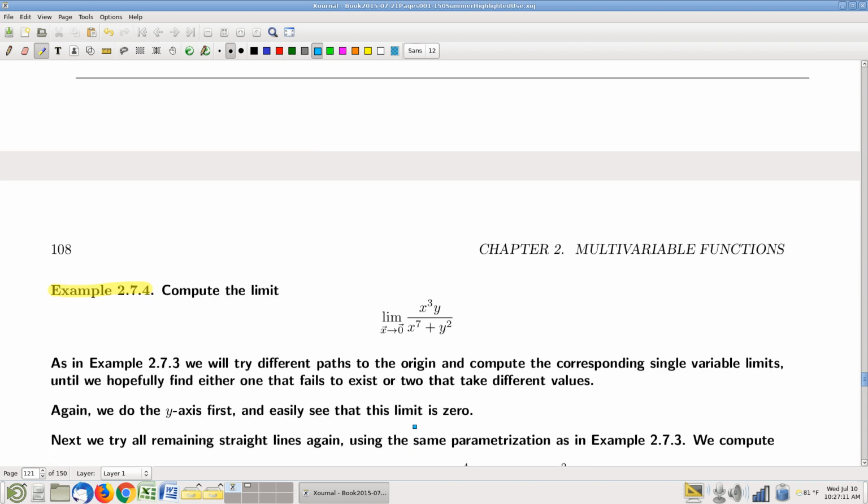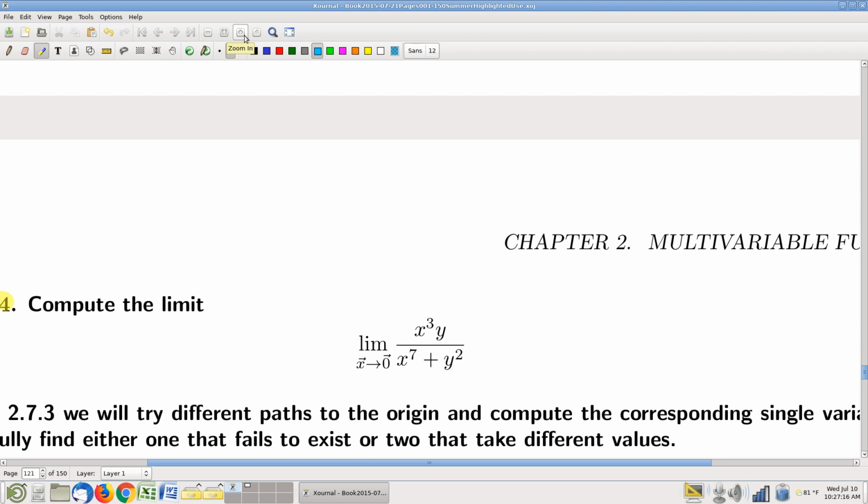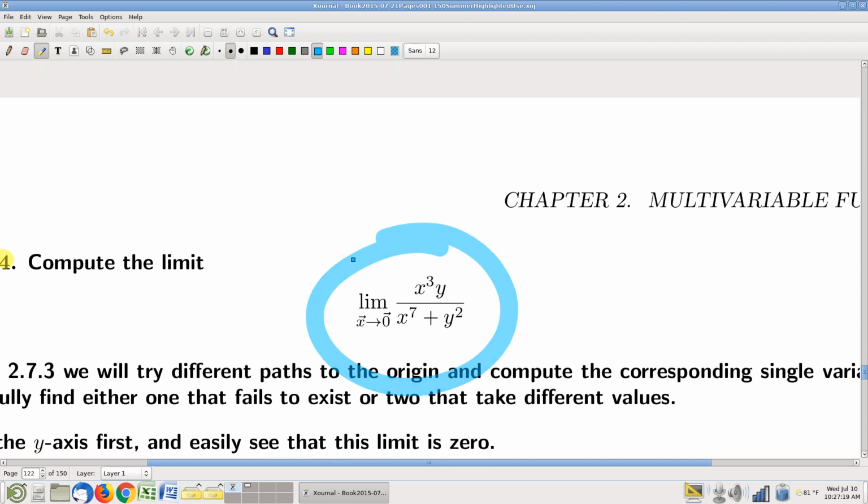So here's a different example. It's not a weirdo example like that one was, but let's look at this. Now there's a temptation to try polar coordinates. After all, you are approaching the origin. Polar coordinates would not work well here, because you've got in the denominator x to the 7th, and that's not going to simplify conveniently, and so you're going to have stuff in your denominator, and you're going to have this looming question of how do I know that the trig associated with this is bounded, because how do I know that denominator doesn't approach 0?